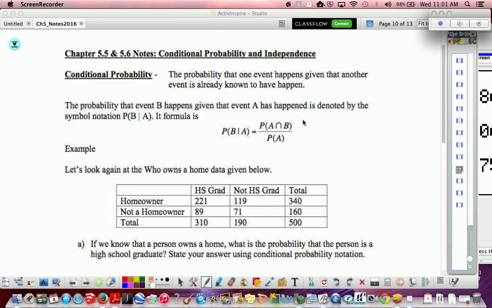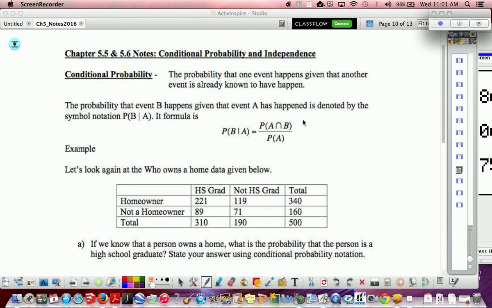As mentioned before, with 5.5 and 5.6, we're going to continue this fun journey and take a look at the probabilities of different situations. Back in 5.3, we were doing basic probability, looking at a probability distribution table and the probability of certain outcomes happening, and some of our basic rules of probability.